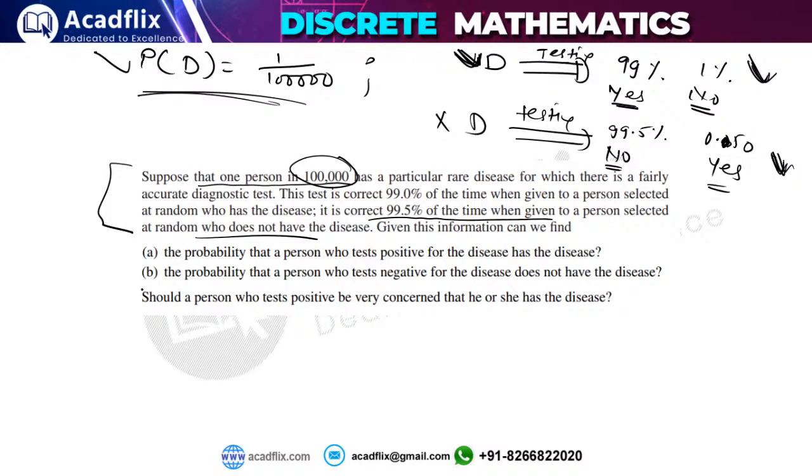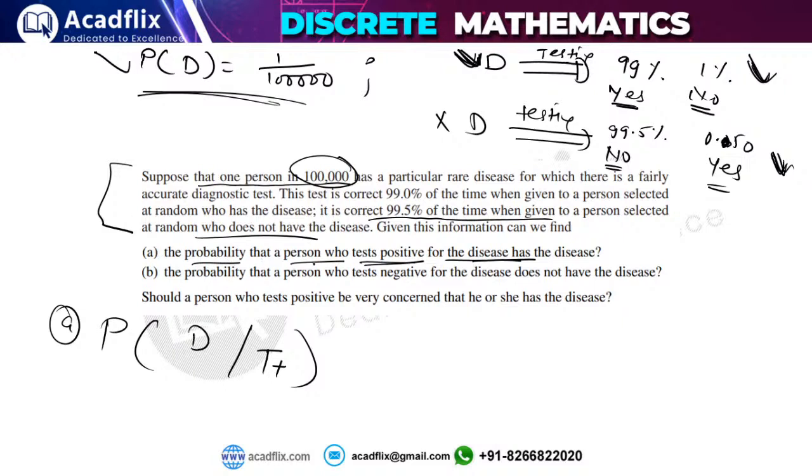Anyway, the first question he is asking is: what is the probability that a person who has tested positive for the disease has the disease? So he is asking, given that you already tested positive, T plus means the test is positive, what is the probability that you have the disease?